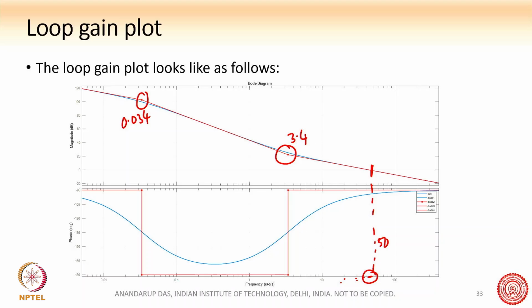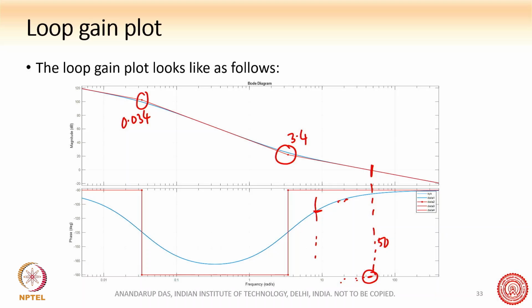And here the phase margin is quite high actually, but this type of plot is not bad. I could have shifted it a little bit downwards so that I could have got the phase margin to be something like here also. This was also a possibility with this value. In this plot, the phase margin is on a slightly higher side.